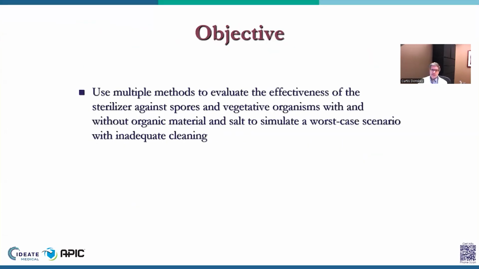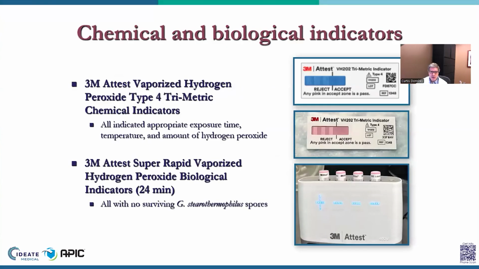So our objective was, with any new technology that comes out that has a claim for sterilization, I think it's important to do this type of testing to really challenge the technology, to really assess how effective it can be in a worst case scenario with inadequate cleaning, which might mimic worst case clinical scenarios.